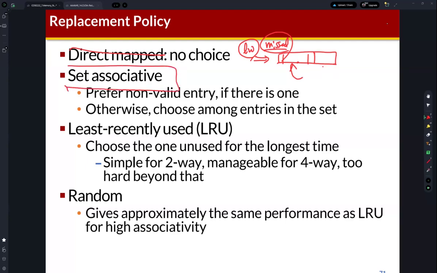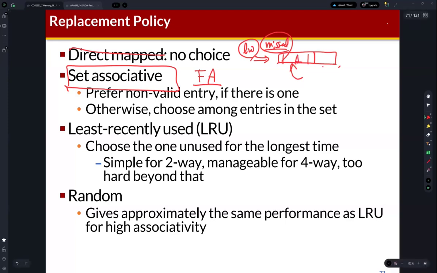But for the set associative cache or fully associative cache, we need to select which block will be evicted, right? Because there are multiple valid blocks. So how can we select the block which will be evicted? Think like this.